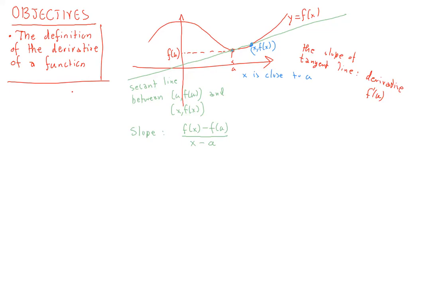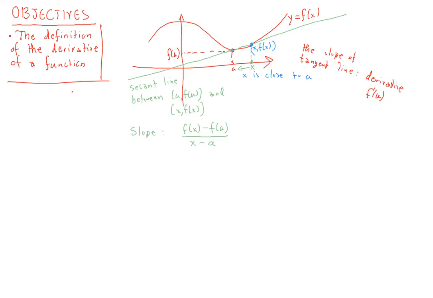And now our understanding is that as x approaches a, and please be careful, this could happen either from the left or from the right. Here I drew this point x to be on the right of a, but nobody says that this should be the case. It could be on the left, it could be on either side.